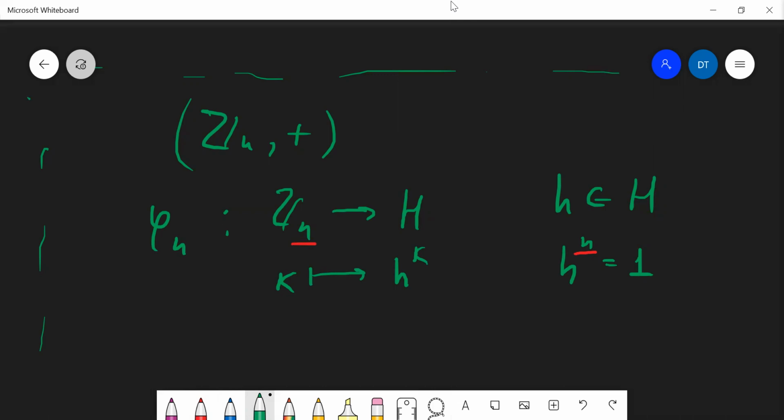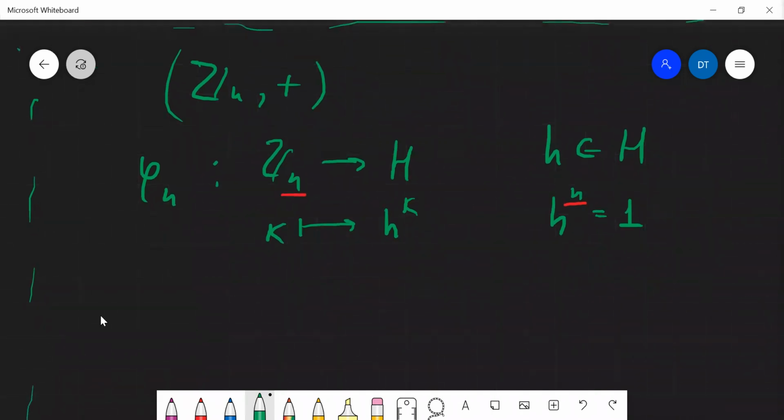So when we have this restriction, h to the power of n is equal to 1, we can prove that this map is a homomorphism. You see, Zn consists of the remainders 0, 1, 2, etc., and n-1.